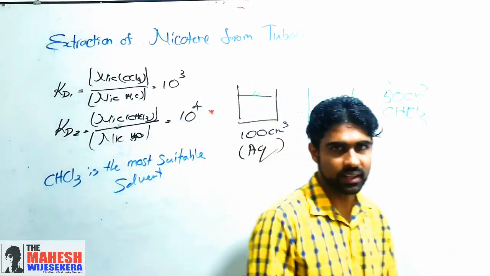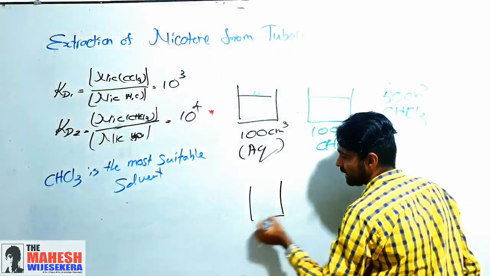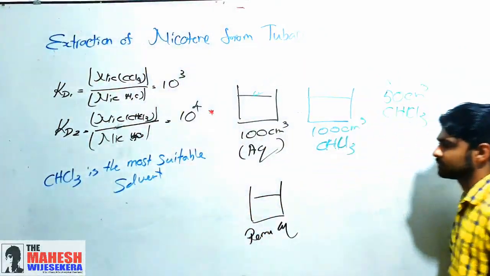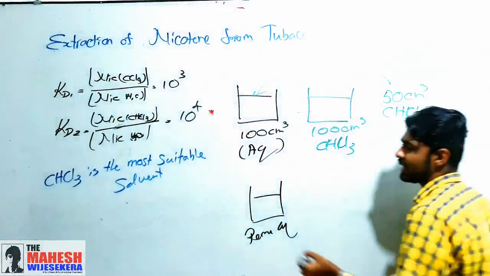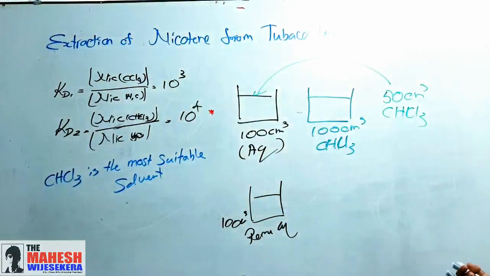Separate it and get the remaining aqueous layer. Still 100, no? Then what are you going to do?